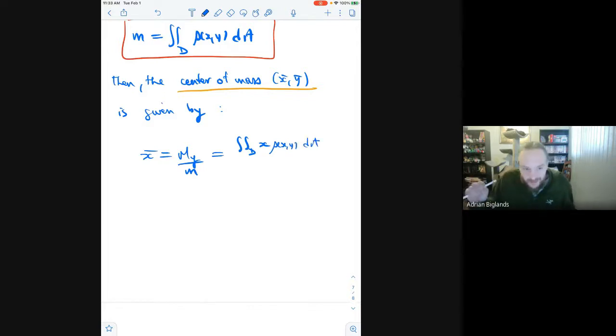So if you want, I would get rid of the My part. Just remember that x bar is equal to the double integral of x rho xy over the double integral of just rho xy. That's x bar.